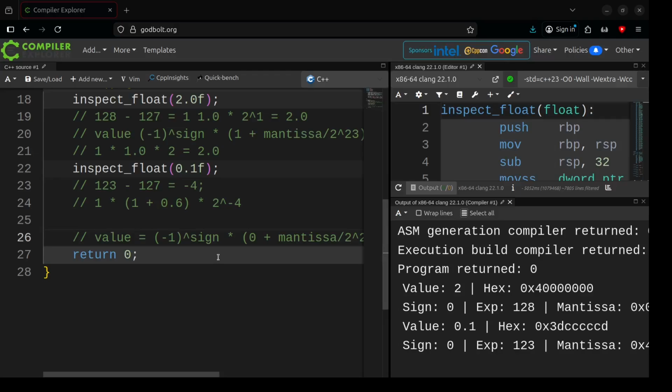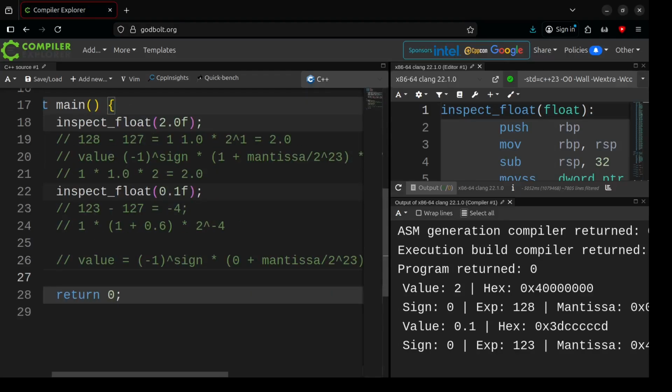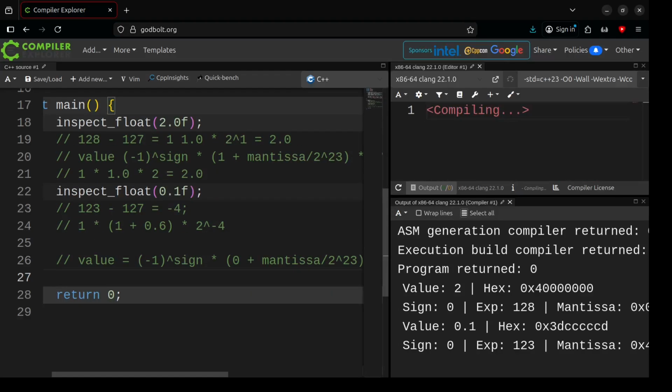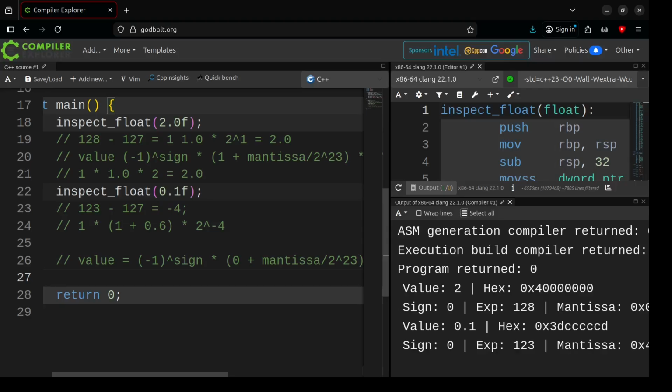So for our next example, we're going to check why 0.1 plus 0.2 doesn't equal 0.3. Well, actually with floats, we'll see that it does equal, but for example, for 0.3 plus 0.4, it doesn't equal 0.7. But let's check the example anyway.